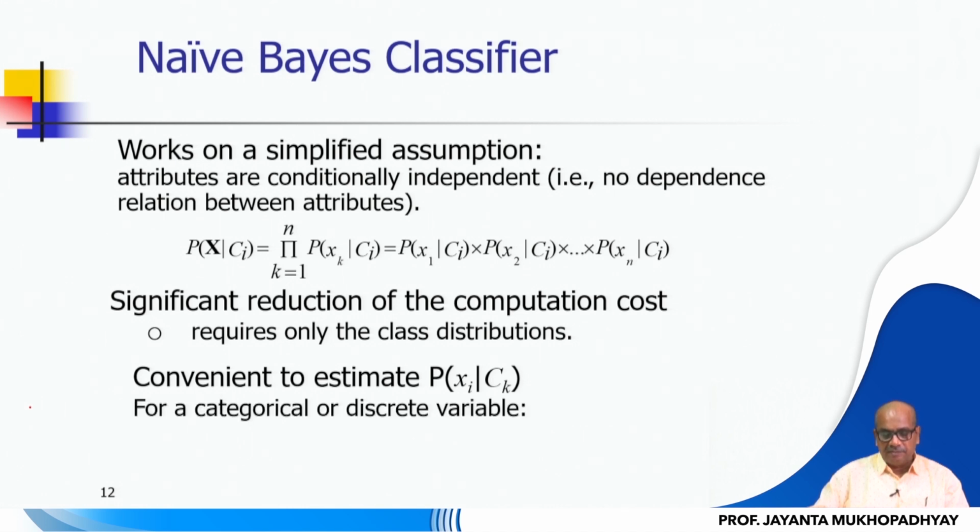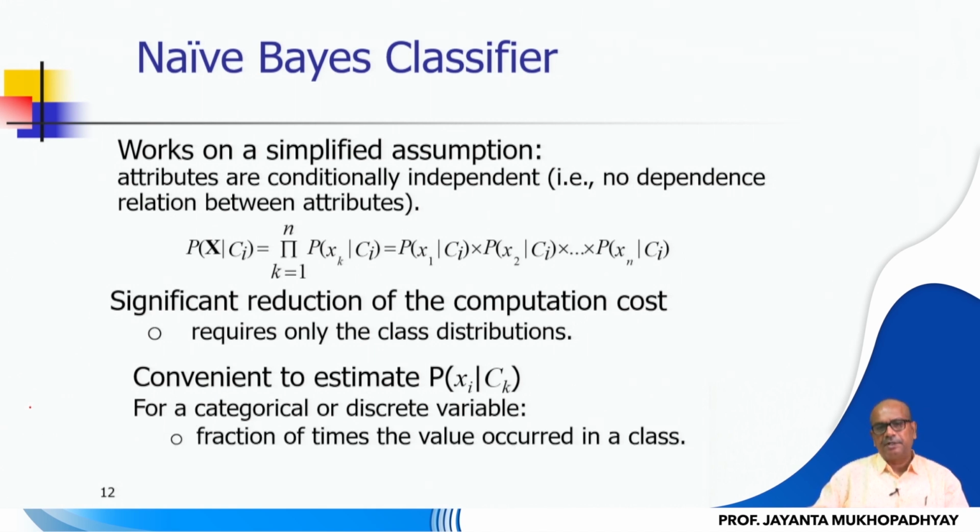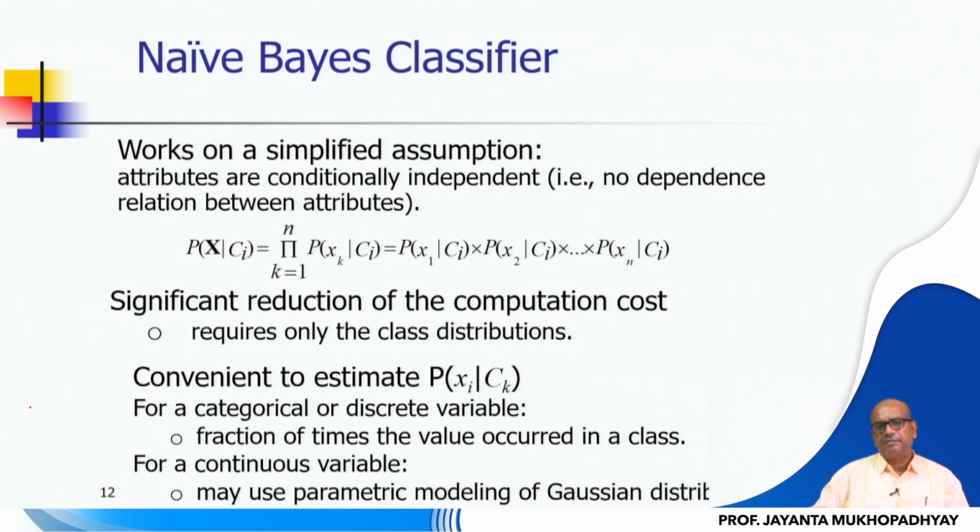As you understand, it is convenient to estimate the probability of a particular attribute in a single dimension, and then you simply take the product. For a categorical or discrete variable it is also simple, because you are considering the fraction of times a particular value has occurred in a class. That gives you the probability values. For a continuous variable, you can use various continuous distributions like the Gaussian distribution, and from there also you can compute these probabilities.